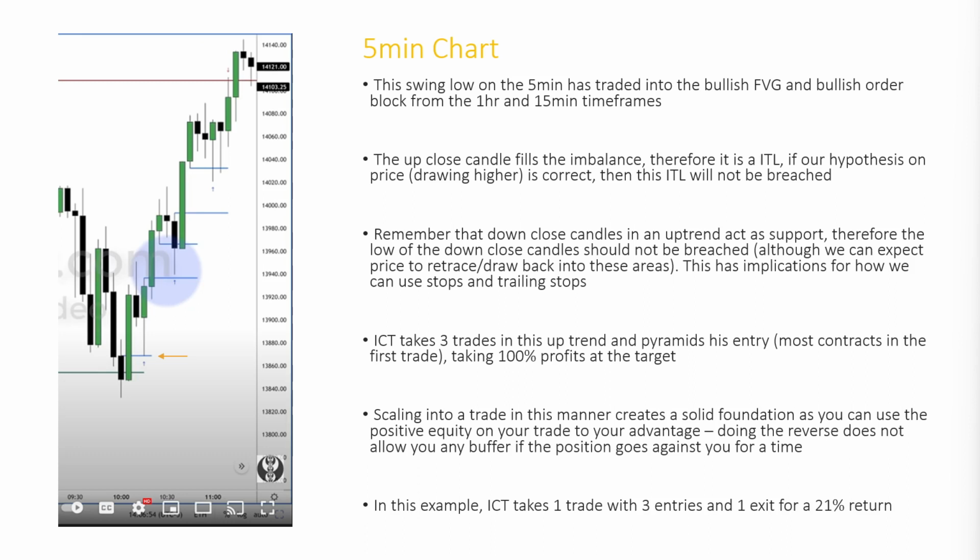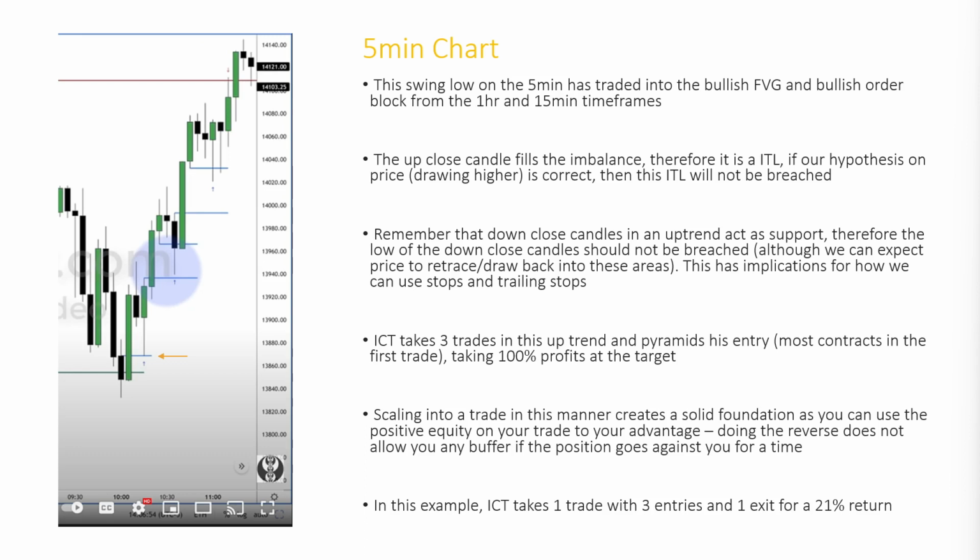Now this is important because this has implications for how we can use stops and trailing stops. Obviously, if we have an uptrend and we have down close candles acting as speed bumps or areas of consolidation or support in that uptrend, we can use the lows of those down close candles as areas where we can place our stops or trailing stops.